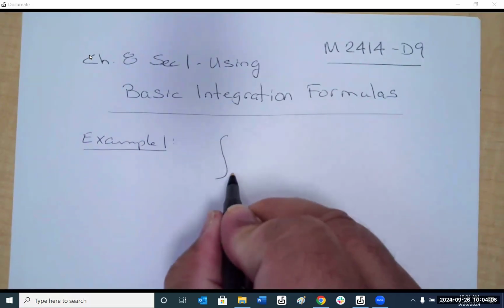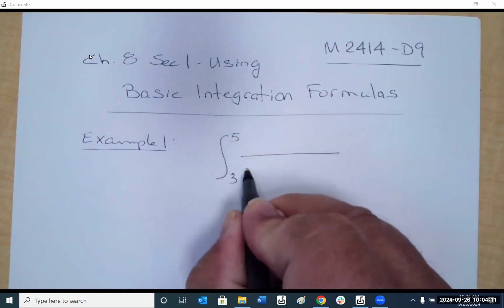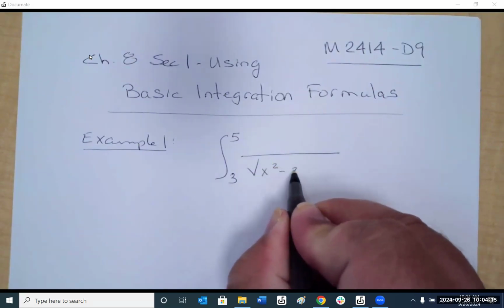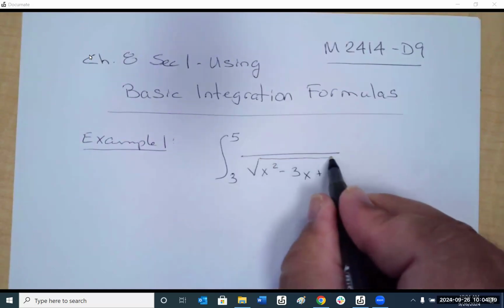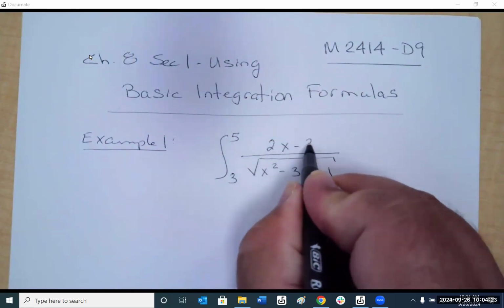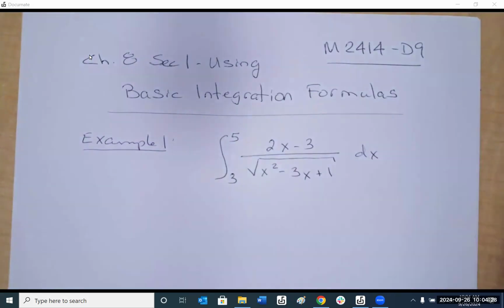Here we have a definite integral from 3 to 5. X squared minus 3x plus 1 on the bottom, under the radical. On top, we have 2x minus 3 dx.